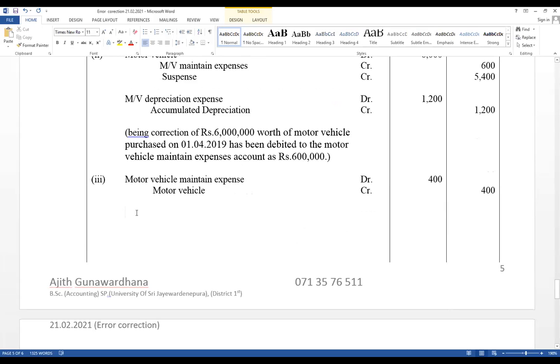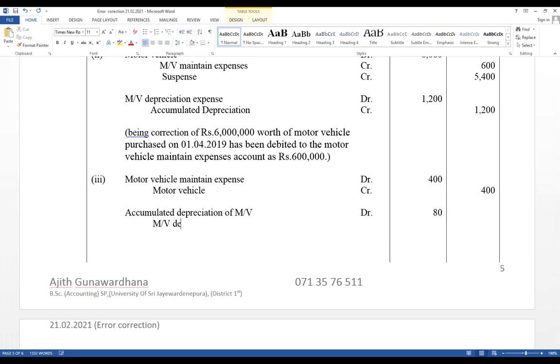Therefore, accumulated depreciation of motor vehicle account debit 80, and motor vehicle depreciation expense account credit.